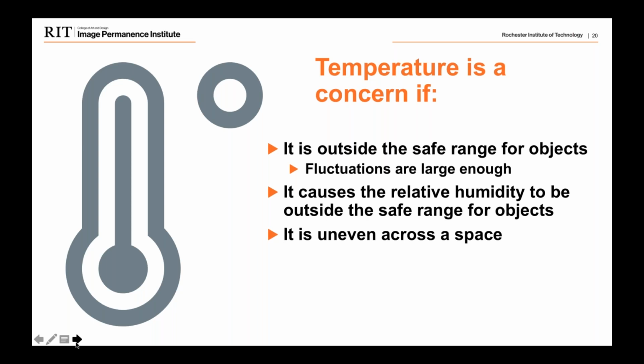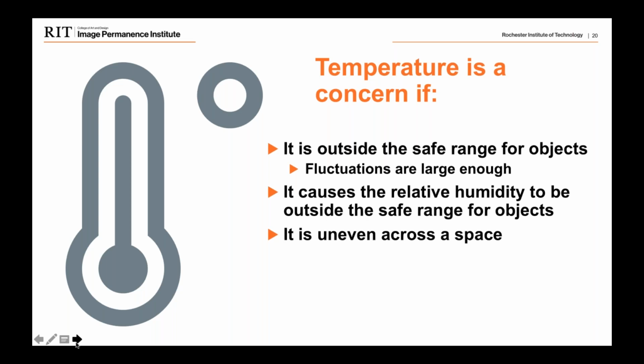And the other issue is if it's uneven across the space. If you have temperature variations within a room, it's difficult to manage because you get the creation of these microclimates. And for the same reason that we were concerned about relative humidity, again, we're concerned about microclimates because then we get these pockets that have higher relative humidities and put us at risk for those types of damage.